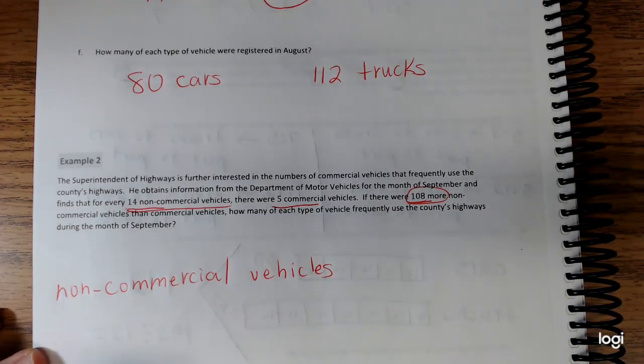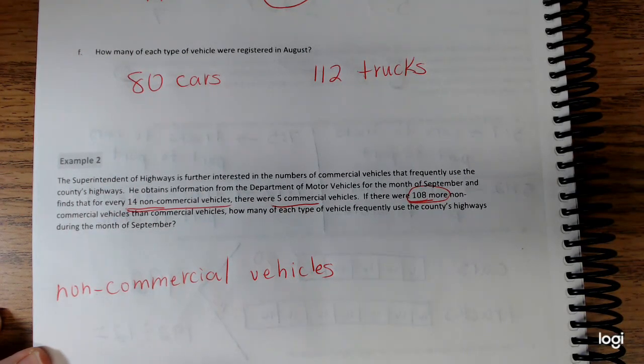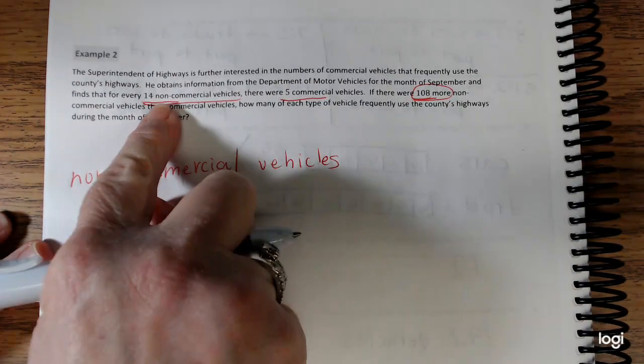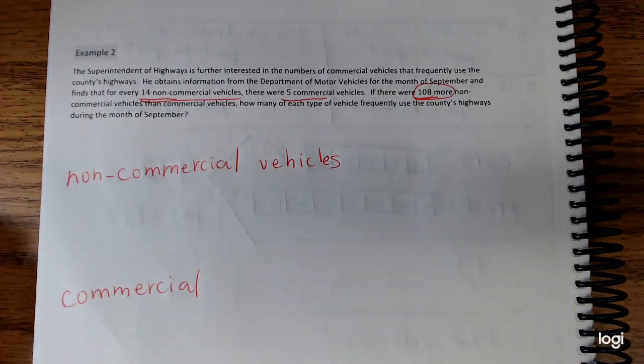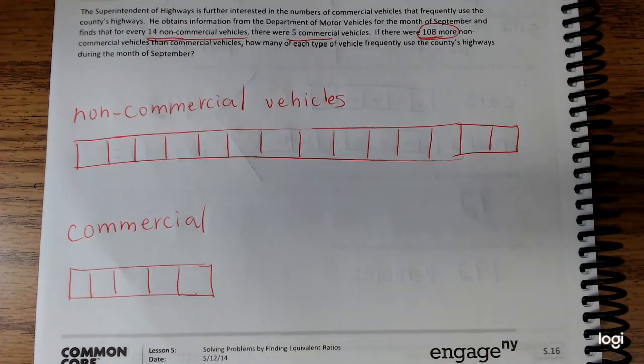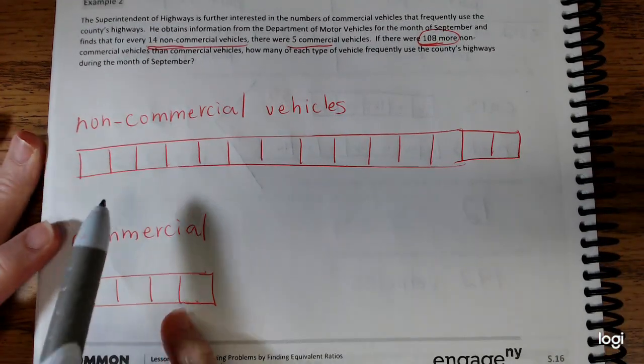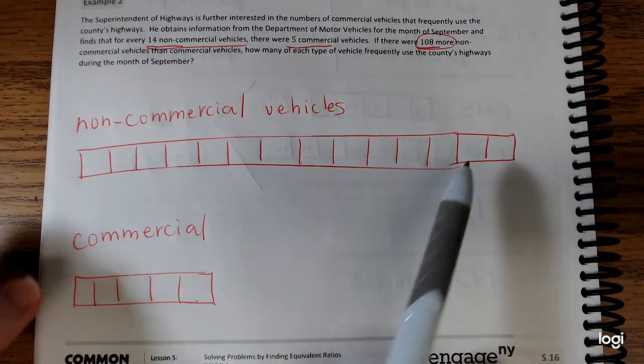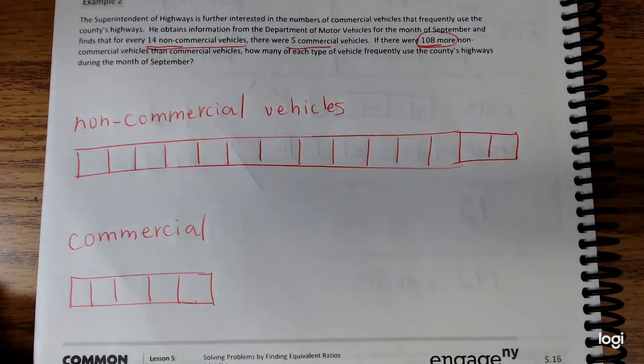And then down here we will do commercial. Go ahead and pause your video so that you can make 14 here for non-commercial and 5 down here for commercial. All right, so you will notice I have a nice long tape diagram here for my non-commercial vehicles of 14, and I have 5 here for my commercial.